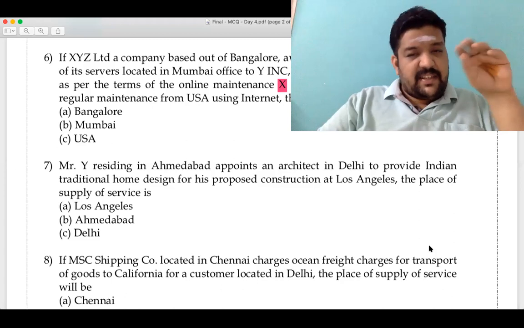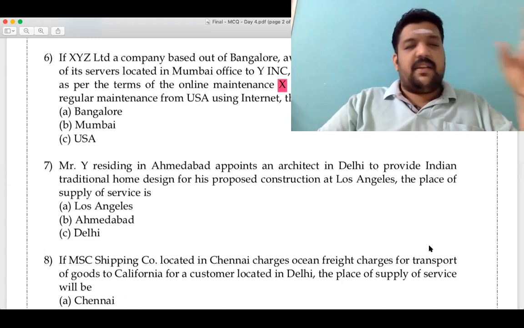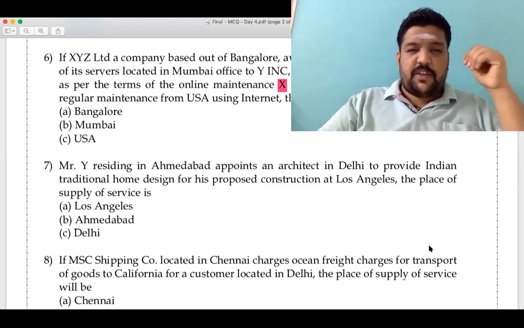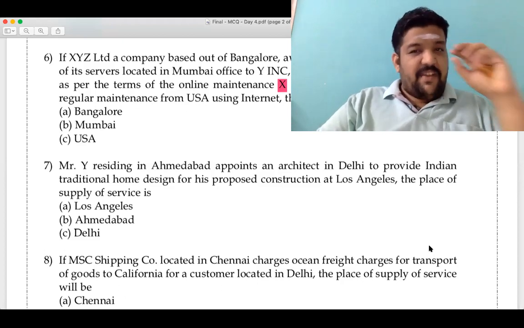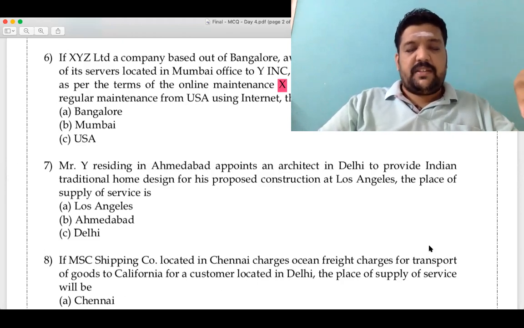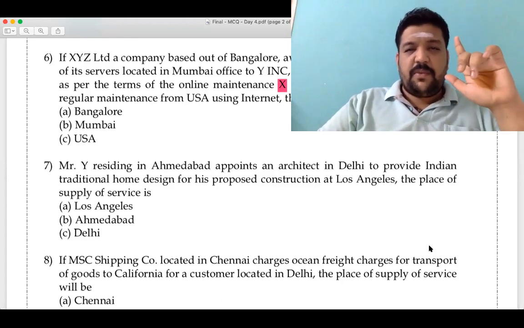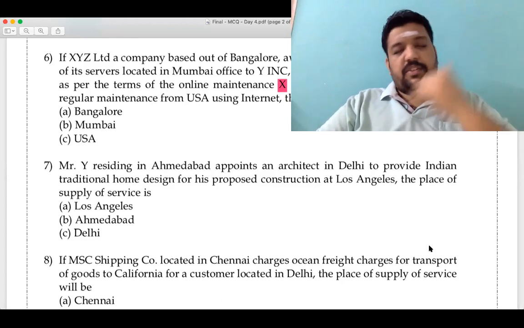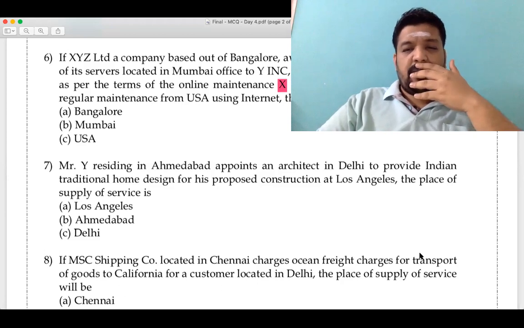Immovable property based, event based, performance based, transportation of goods, transportation of passengers, specific services. Having arrived at that number, in that section, what are the subconditions? Based on that, arrive at your answer. Though it looks like an MCQ, the logic and thought pattern should go only like this. And then we will get the right answer, which will be Mumbai.